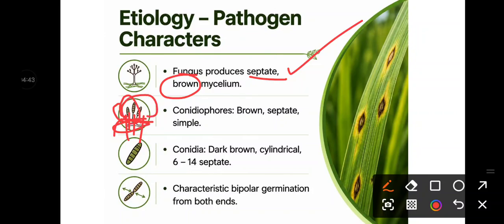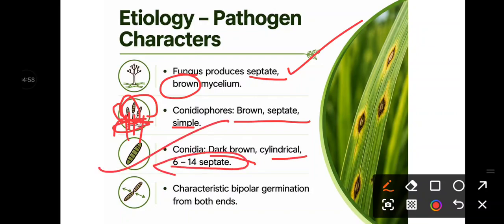The conidiophores are similar to the mycelium: brown and septate, and simple, meaning no branching. The conidia are dark brown, cylindrical, and 6 to 14 septate, so you have to remember this. The conidia typically show bipolar germination, which is why the pathogen name is Bipolaris.